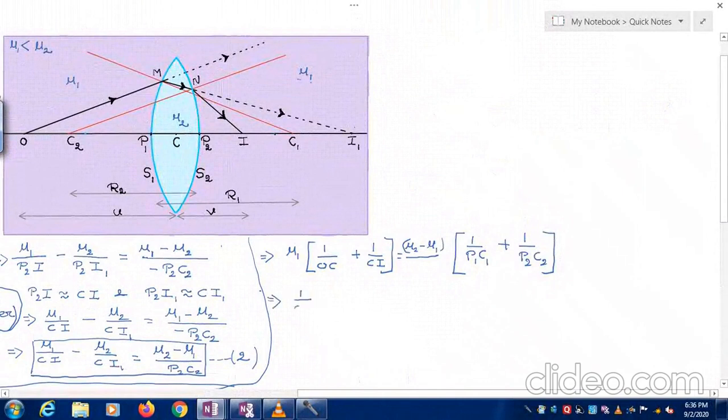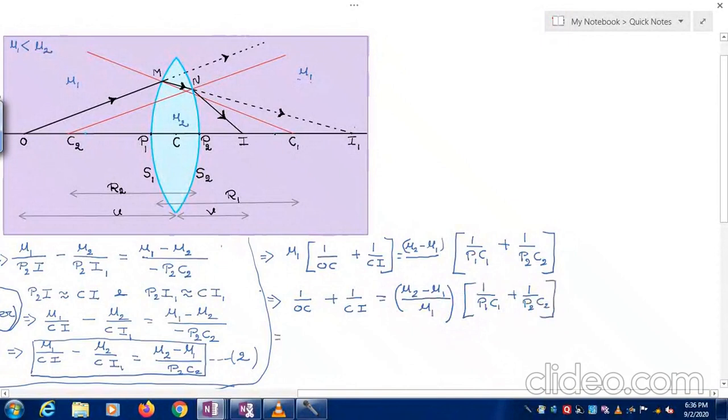So 1 by OC plus 1 divided by Ci is equal to mu2 minus mu1 divided by mu1 into 1 by P1 C1 plus 1 divided by P2 C2.